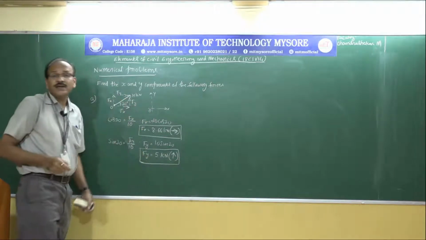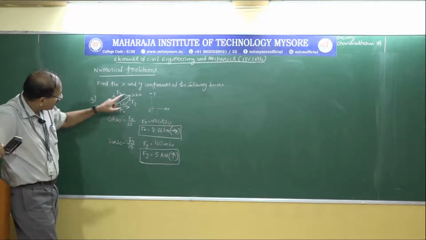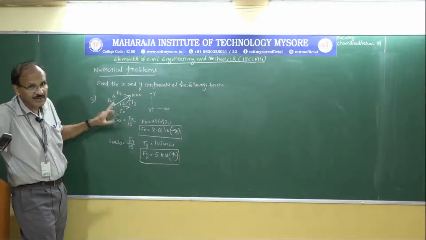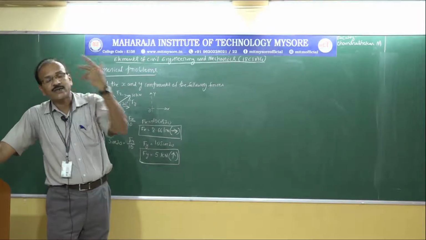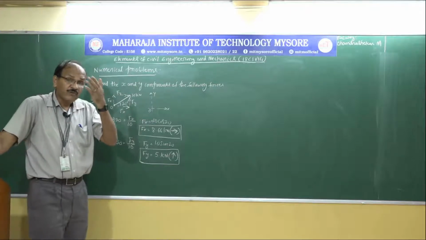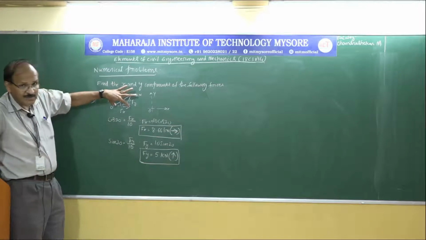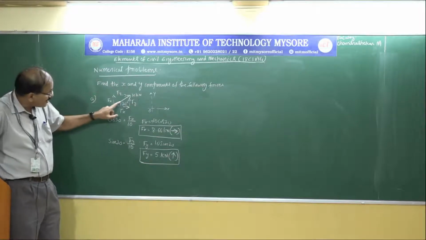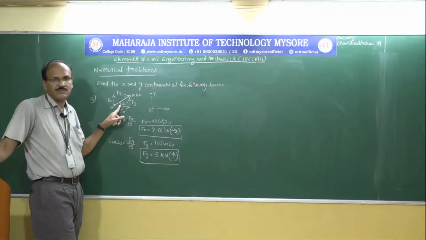And as I explained in the previous class, keep one thing in mind. Instead of considering this triangle, taking cos theta equals adjacent side by hypotenuse and sin theta equals opposite side by hypotenuse, if you want to solve a problem quickly, any component adjacent to the angle theta is always cos.